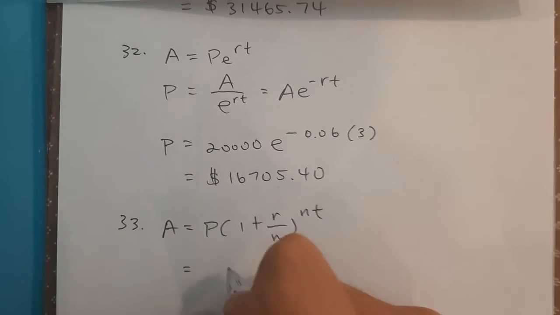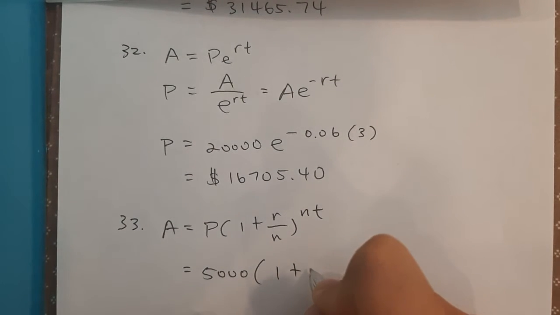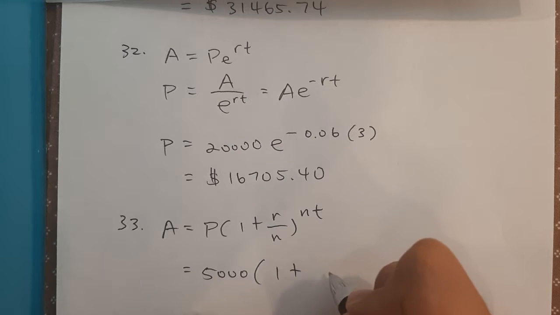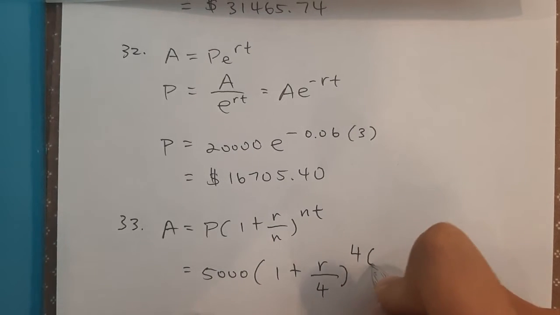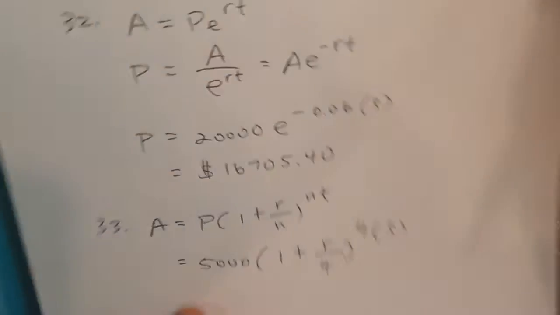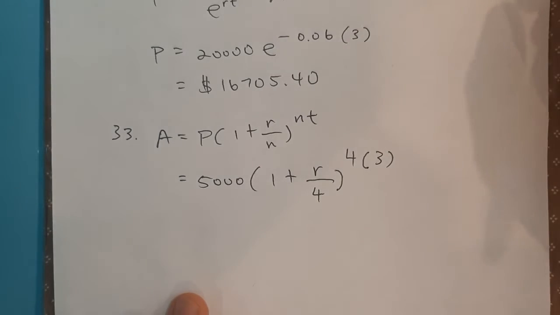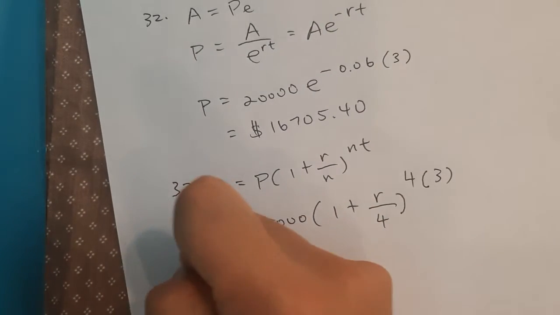So P, that is going to be 5,000, 1 plus r, that is what we're looking for. Quarterly means n is 4, and then t is 3 years. The future value, that is given, that's 7,500.